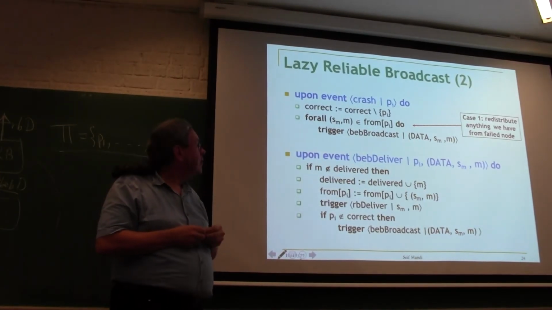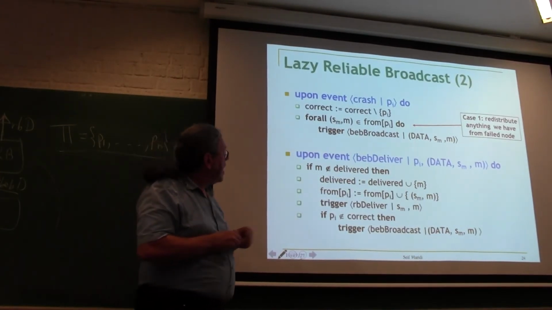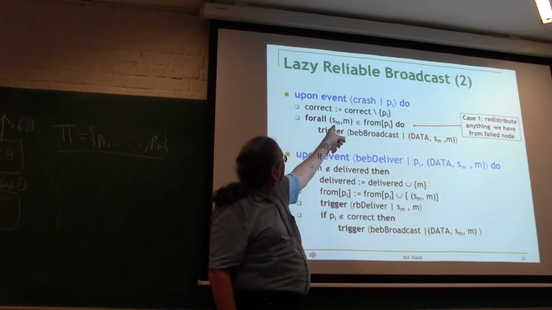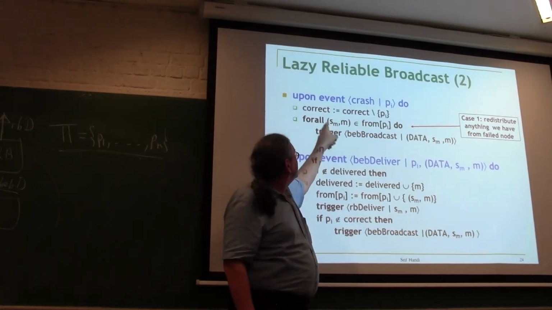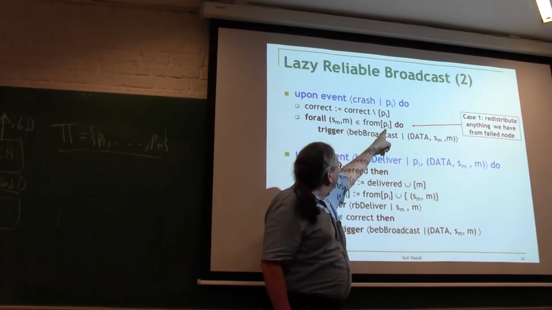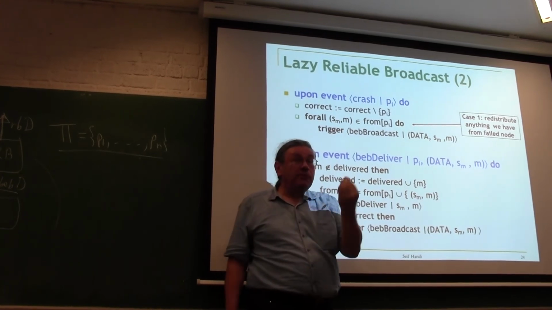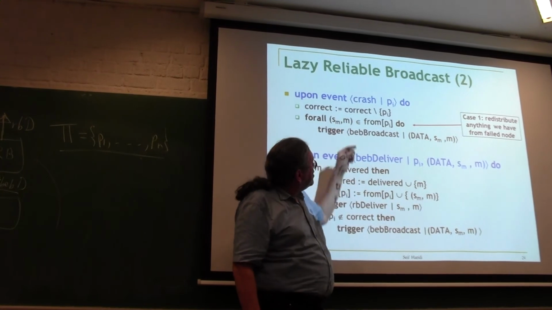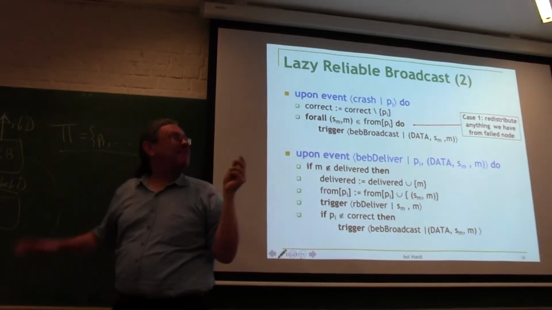So the SM is the information about the message? Yeah, the SM is where the message originally came from. So this is a pair. This from of Pi gives you all of the messages that came from Pi, but SM is the original node it came from.